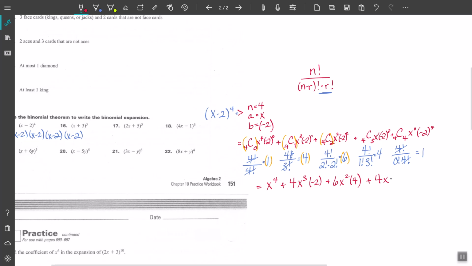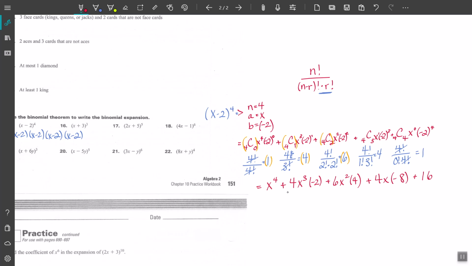Negative 2 raised to the third power gives me negative 8. And then this 1 coefficient that I got from my factorial, x to the 0 is 1. So I've got 1 times 1, and then I have this negative 2 raised to the 4th power, which is 16.